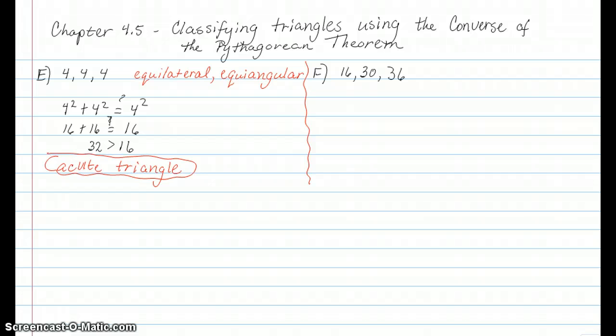Okay, so we take a look at letter F. We've got a triangle that has sides of 16, 30, and 36. 16 and 30 are the shortest sides, so 16 squared plus 30 squared is what compared to 36 squared, which is the longest side. 16 squared is 256. 30 squared, now that one you can do mentally. Probably you'd want to do 16 squared on the calculator. 3 times 3 is 9, so 30 times 30, add on 2 zeros, is 900, is what compared to.